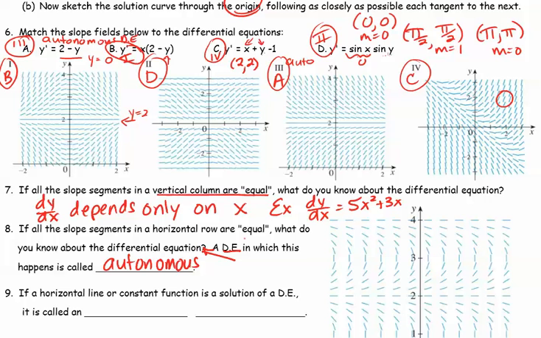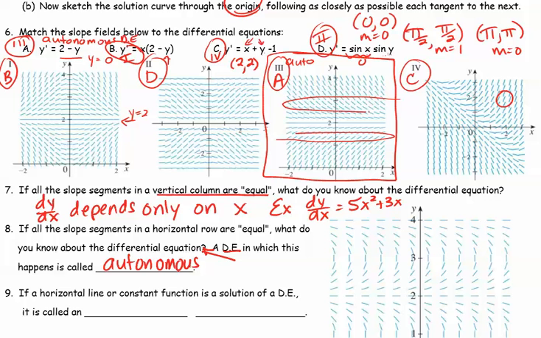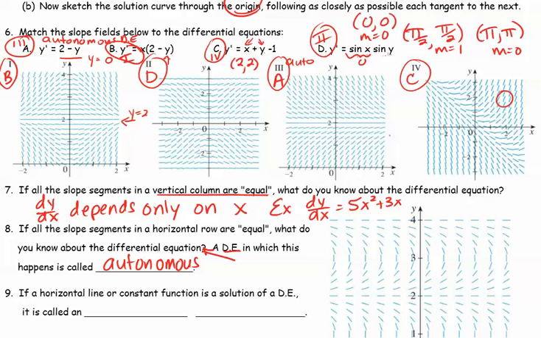So an autonomous differential equation would give you a graph like the one that we saw in 3. So up above, the slope field for Roman numeral 3 is autonomous. As you go across any horizontal row, do you see that we have all the same slopes? So that means that it depends only on y.